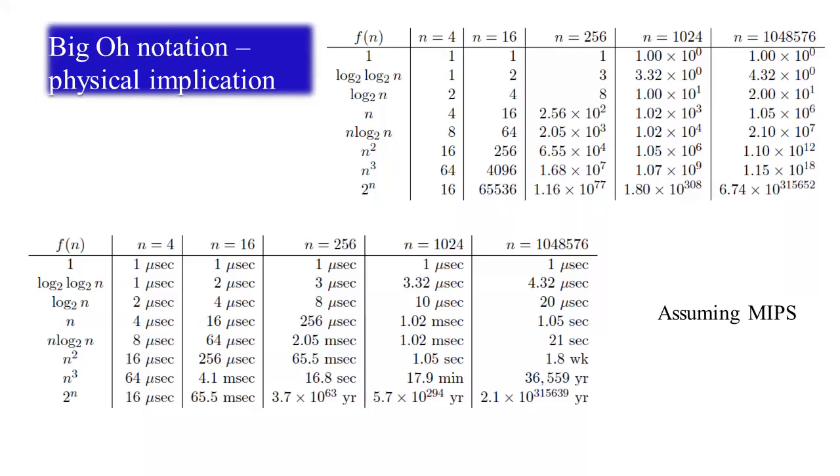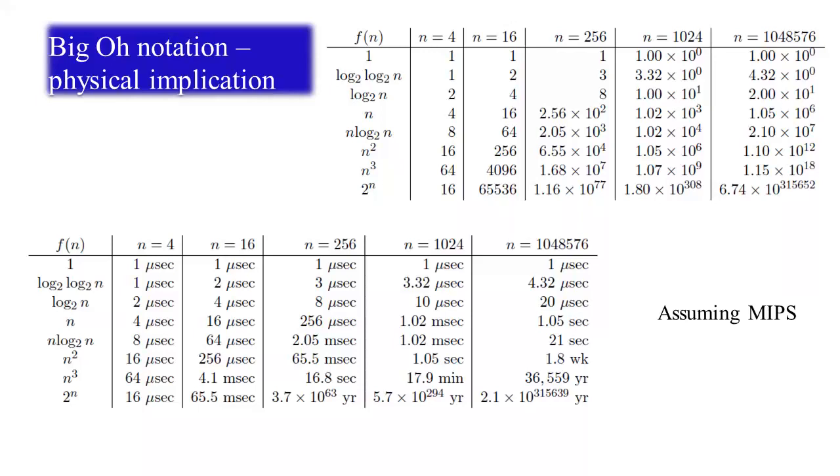So here you can see that if it is a million instructions per second, then for one instruction I take roughly 1 microsecond. That's why in my first row, O of 1, it takes only 1 microsecond to complete the operation. When I say it is O of n, then there it is 4 microseconds, 16, 256, and it goes on increasing. Finally it comes to 1 second.